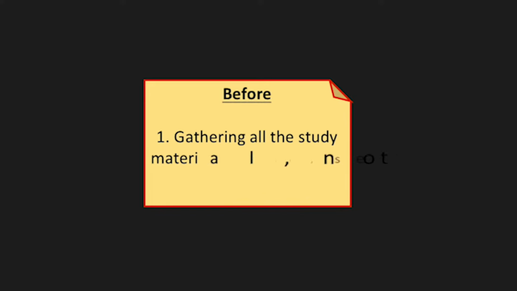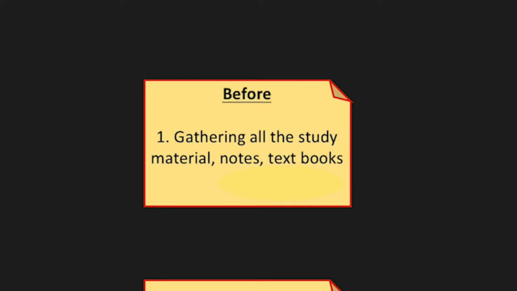So getting all the relevant study materials ready for learning. This could include all his notes and textbooks for that relevant topic of study. So that would be activity 1, step 1 for the activity before.